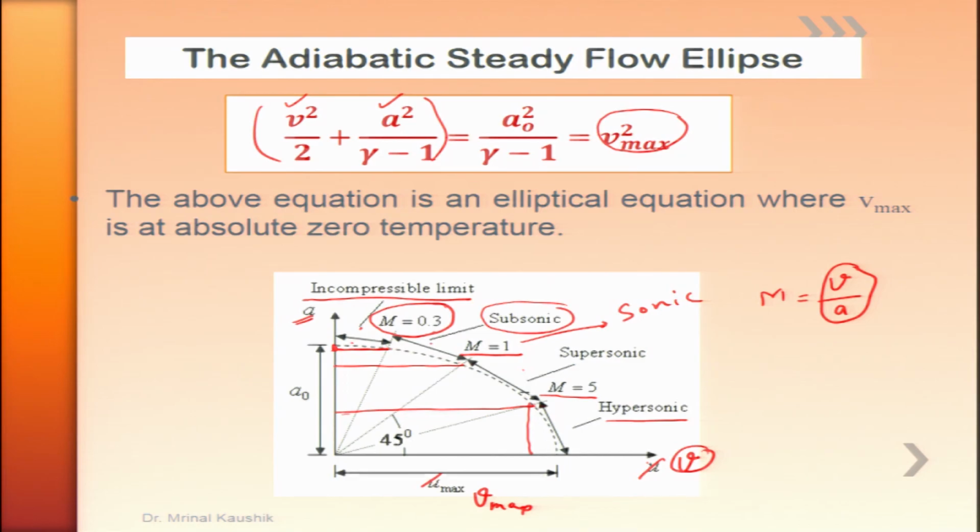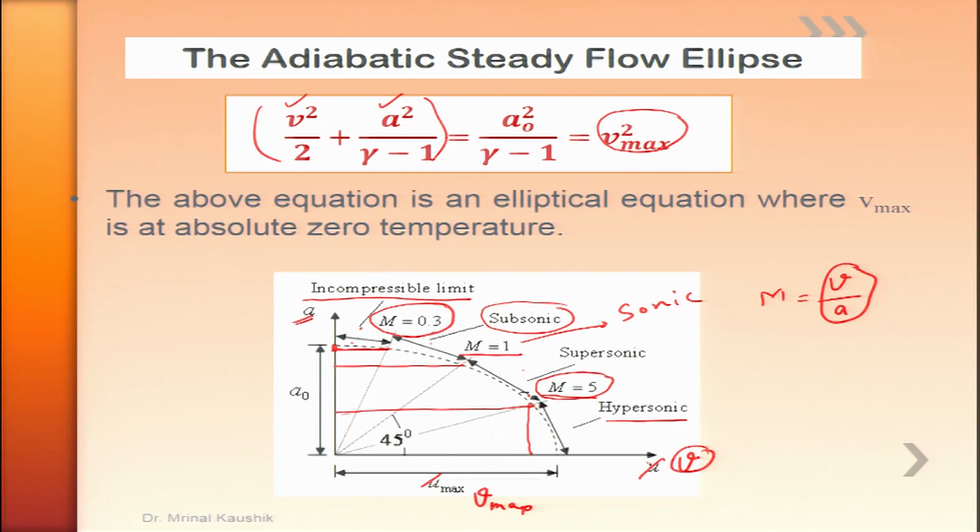However, as soon as we cross the limit of M equal to 5, the change in Mach number in this flow domain is only secondarily through speed and primarily through A. Since the speed of sound depends upon temperature, we can say that in the hypersonic flow region, temperature is the predominant factor in changing the Mach number.